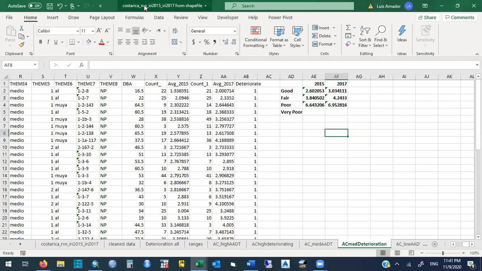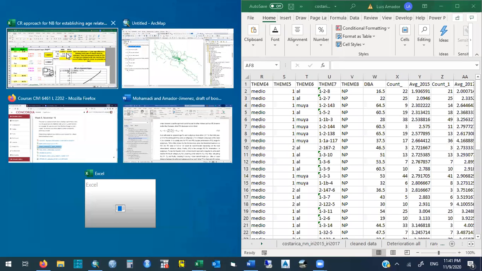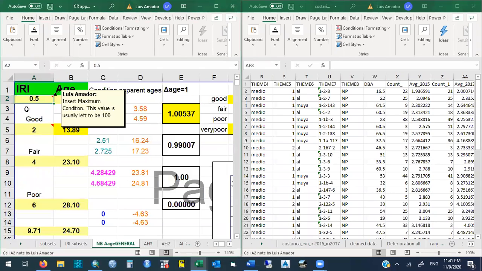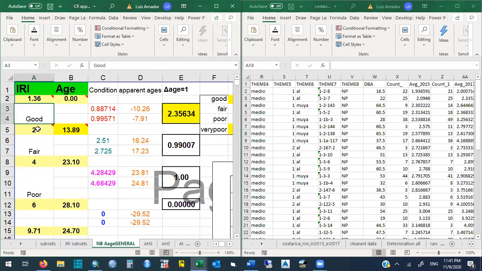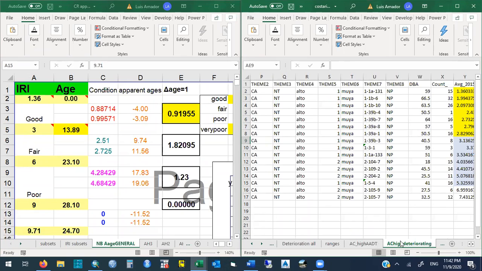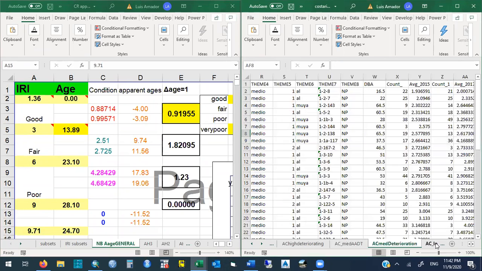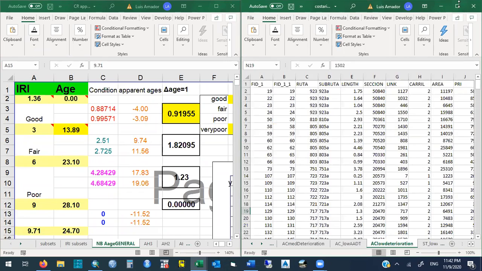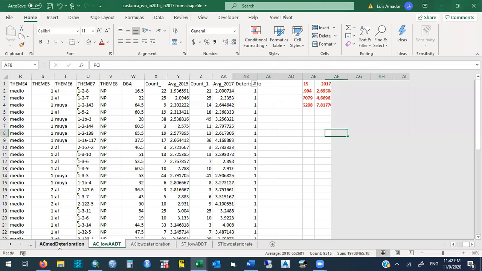So I'm gonna take this one and bring it to the calculator now. Now, please notice, this is 1, 3, 6. This is 9. 3, 6, 9. I lost where I processed the data.